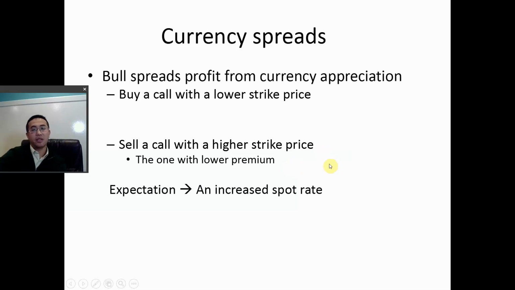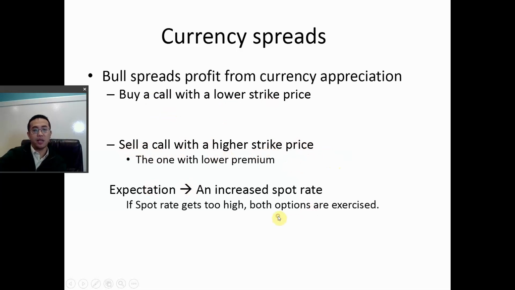The expectation here is an increased spot rate. So if the spot rate goes too high, what do you do with a call option? Definitely you want to exercise this call option, okay? And if the spot rate goes too high, then the other call option will also get exercised, no doubt.